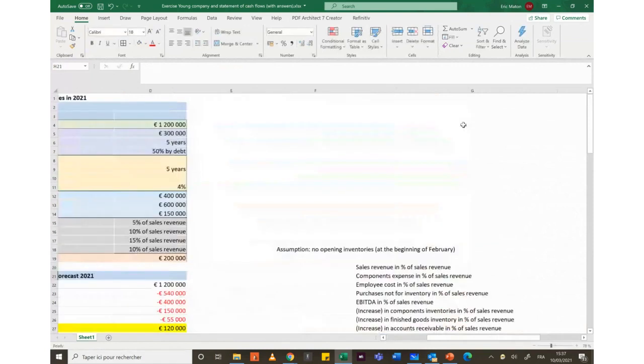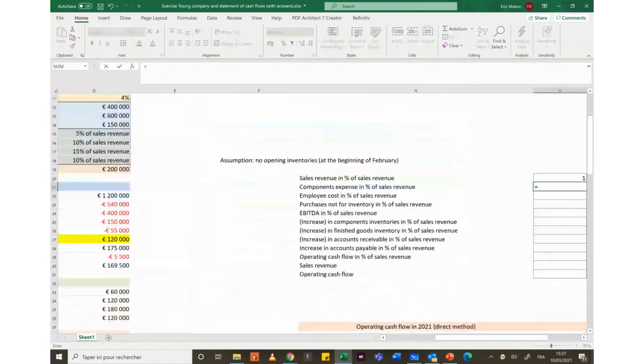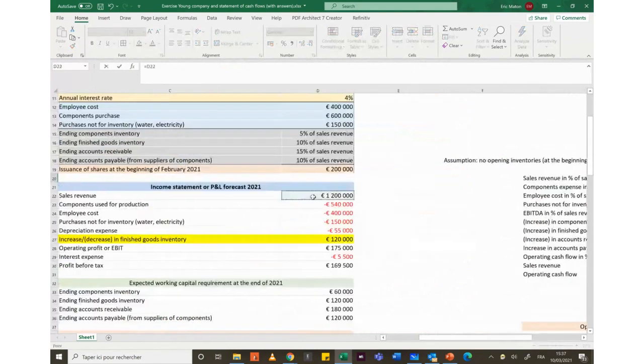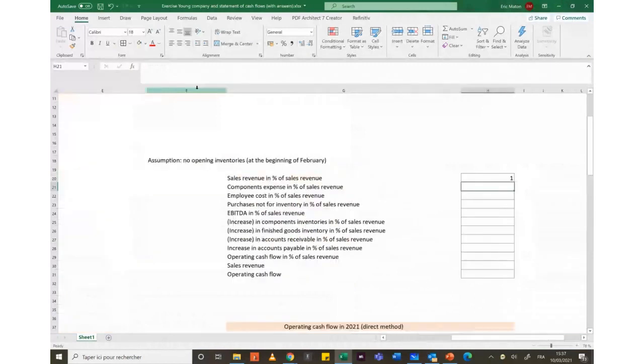After we have the components expense, so I could use different lines. I will use this one divided by this one. Component expense in percentage of sales revenue is not easy, this one.